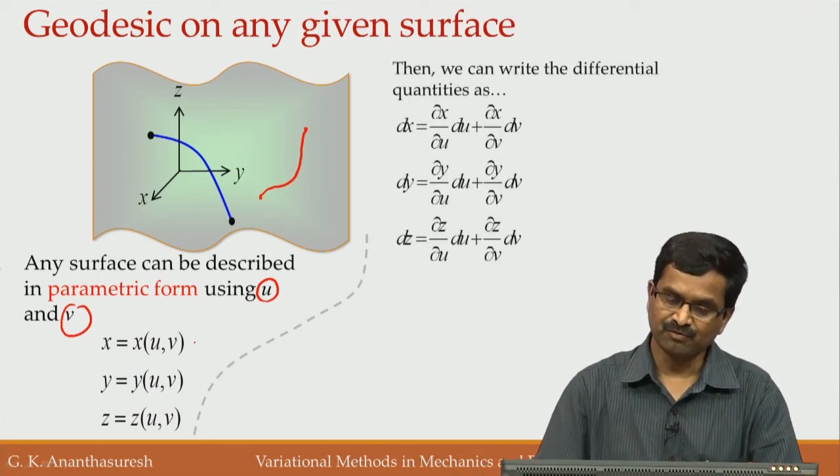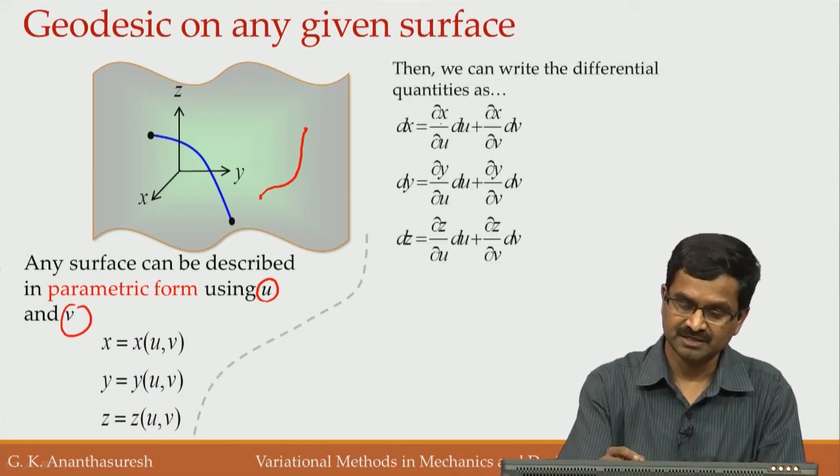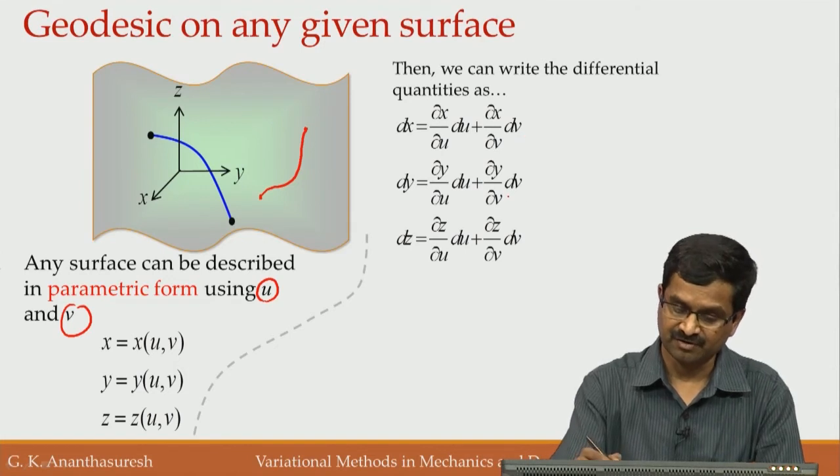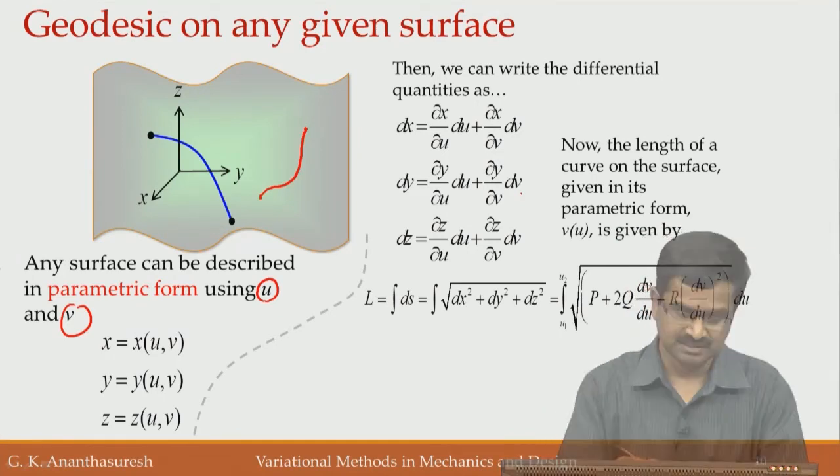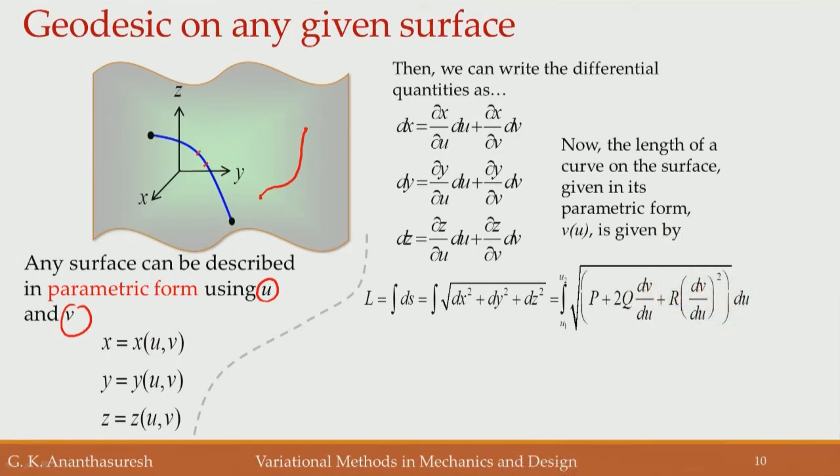So, now like before we take differentials: dx is ∂x/∂u times du plus ∂x/∂v times dv, likewise for y and z. Once you have these quantities, we can express ds, the small distance that we want, exactly like what we had before, as the square root of dx squared plus dy squared plus dz squared, and substitute for dx, dy, dz using what we have derived here.